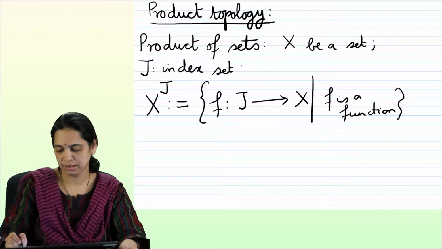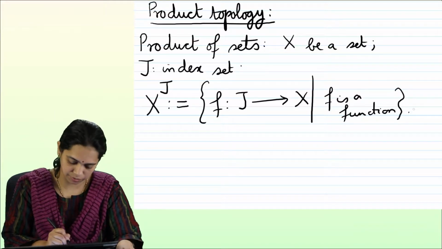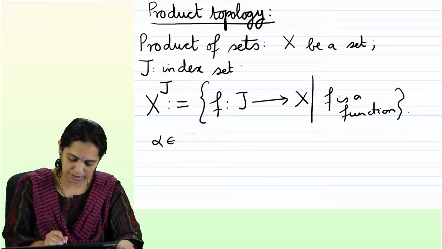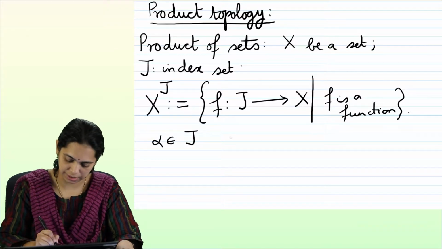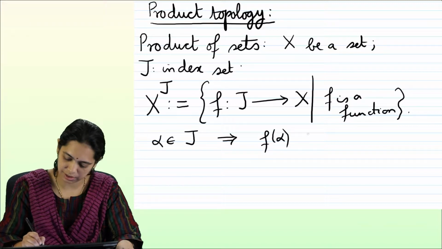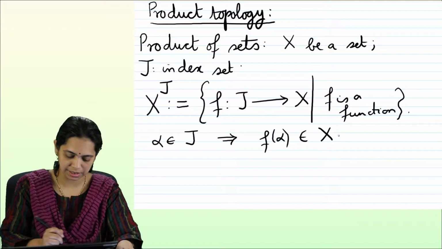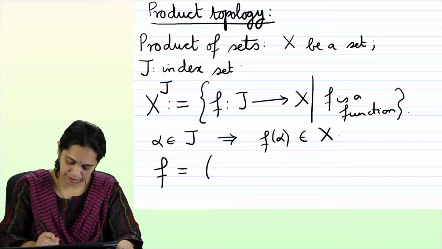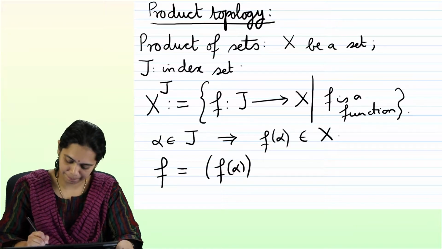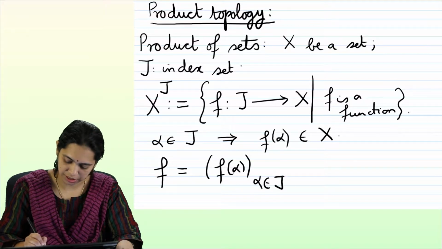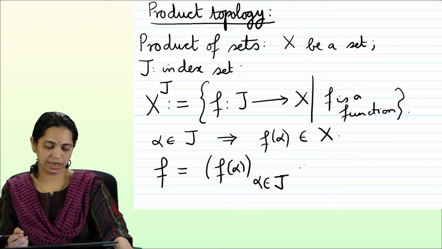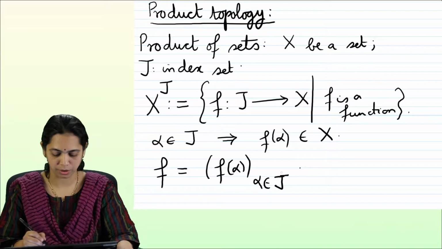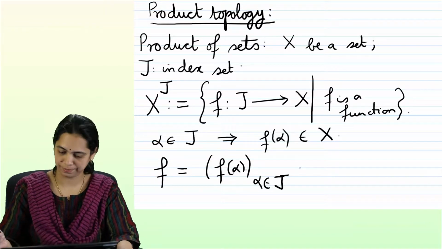In fact, this function is determined as follows: if alpha is in J, that is an index set, this implies that f at alpha is going to belong to X, and hence we shall write f as f alpha as alpha varies over J, and we call elements of J as coordinates of f.